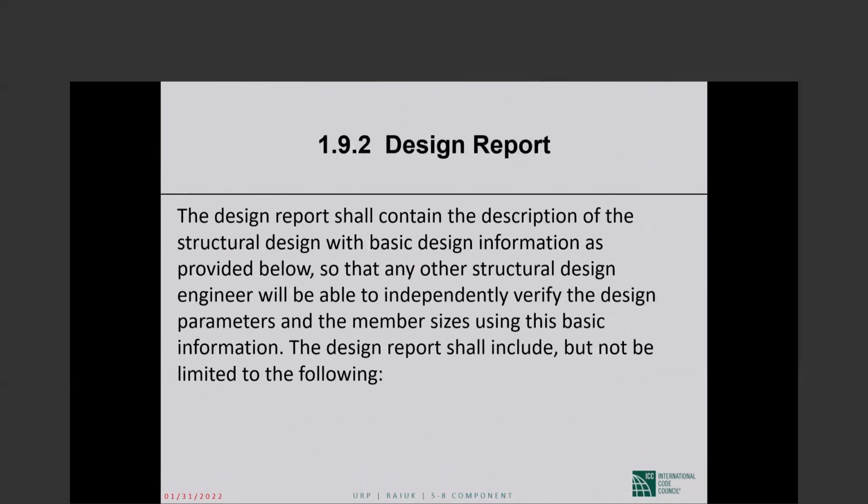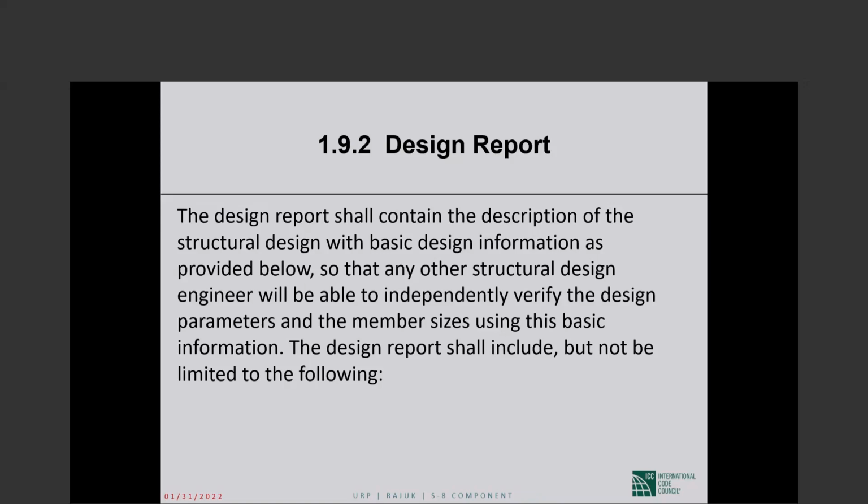The design report shall contain the description of the structural design with basic design information as provided below. There is a pretty detailed list, which I will not go into, but this is important. So the design report, you remember, there is a report, then the specifications, and then the drawings. The report shall contain the description of the structural design with basic information as provided below.